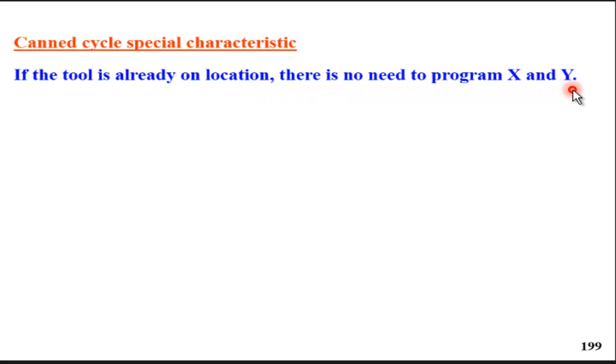Assuming at a certain location, you will do drilling followed by boring, followed by tapping. So three processes will be done at the same location. So when we use canned cycles, we might need to use three canned cycles, but X and Y will not change since it is in the same position or the same location.